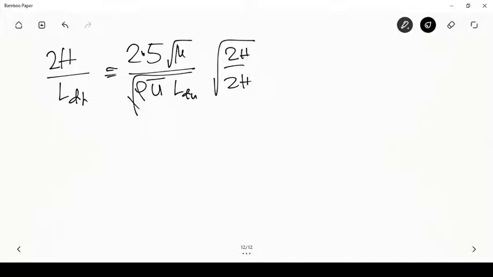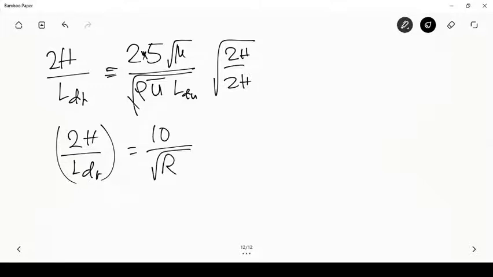So there is a 2h by L_DH on this side, equal to 2 into 5, which is 10, divided by square root of Re_2h. So that is using this term, and this term, and this term.